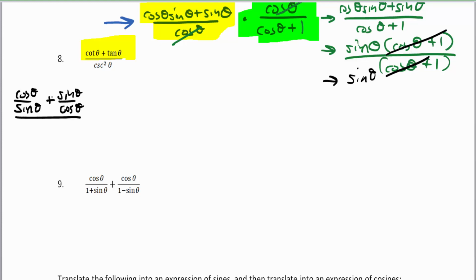Now my denominator. Now you're probably going like, well, how do I turn that into sine or cosine? Well, the cosecant is the same as 1 over sine, so this is going to be 1 over sine squared theta. All right, now that's going to be important. You're going to want to see why that is important right there.